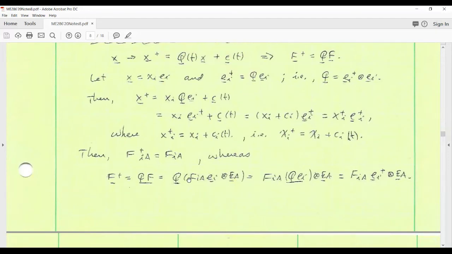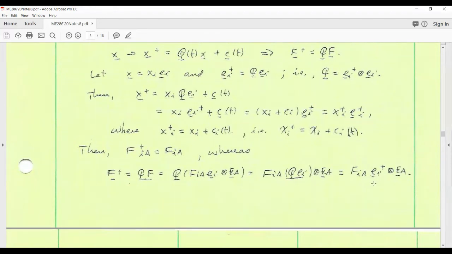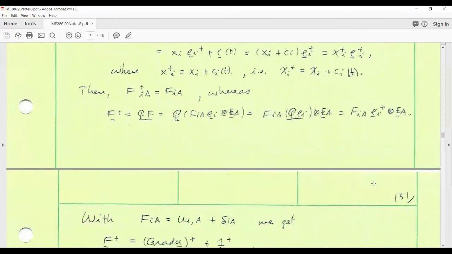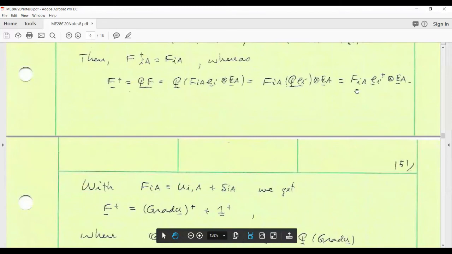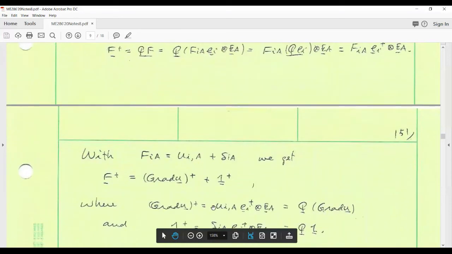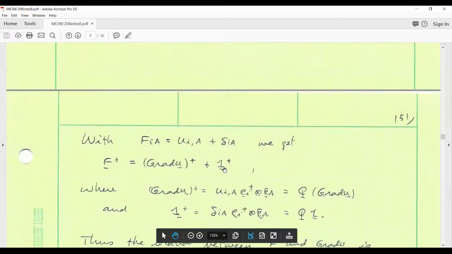The components come out in front, and then you have Q multiplying these tensor products. That's the same as the tensor product of QEI with capital EA. QEI is EI plus, okay? If you plug in the formula we had for F in terms of the shifter and the displacement gradient components, you get F plus is grad U plus the plus version of the shifter, where we have the same EI plus in each case.